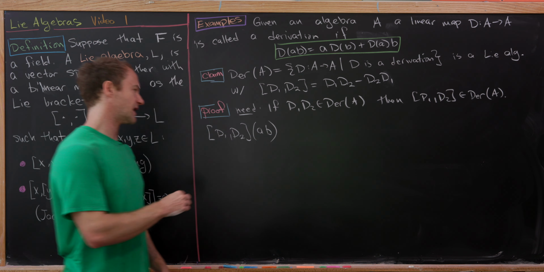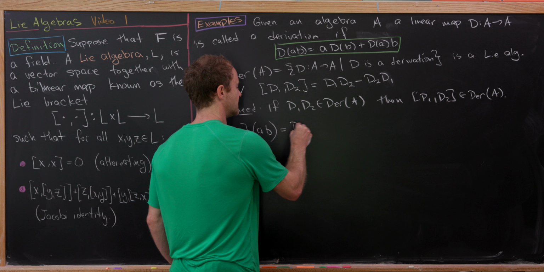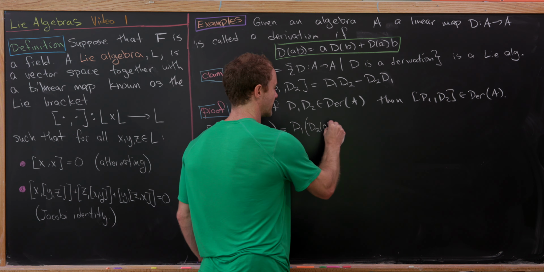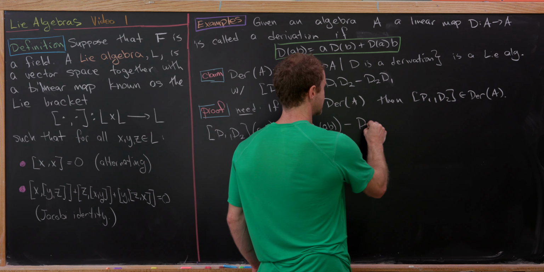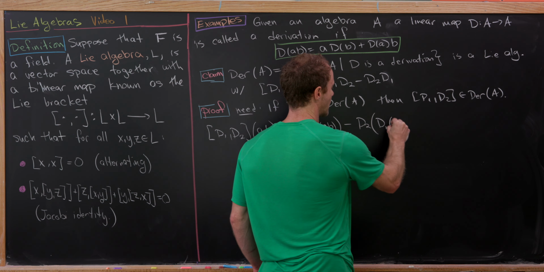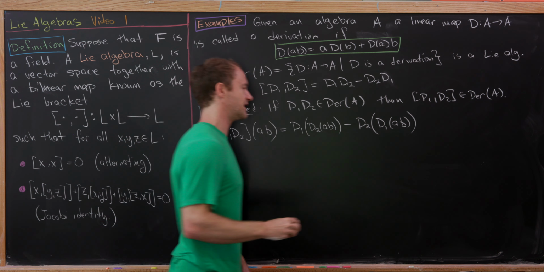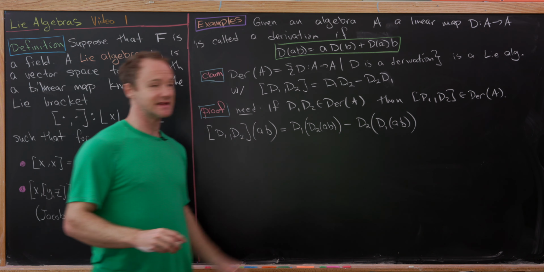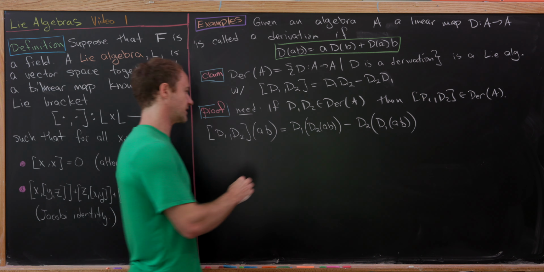Okay, so let's expand this out a little bit at a time. This is going to be d1 operating on d2 operating on AB, minus d2 operating on d1 operating on AB, by the definition of our bracket. Now let's just move from the inside to the outside carefully.